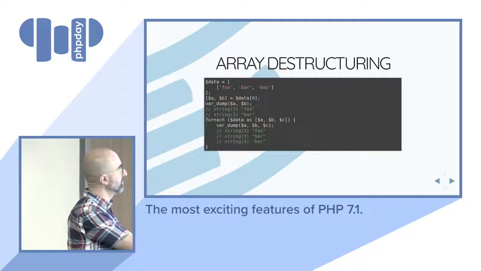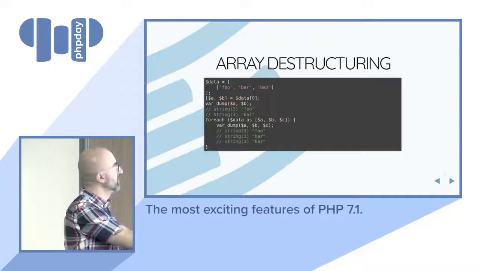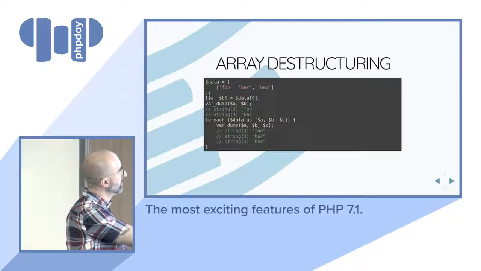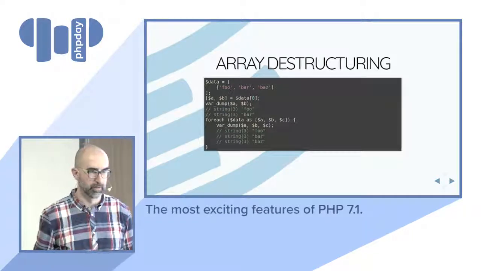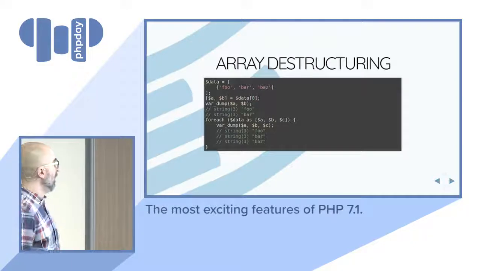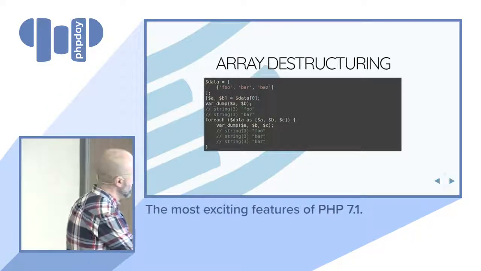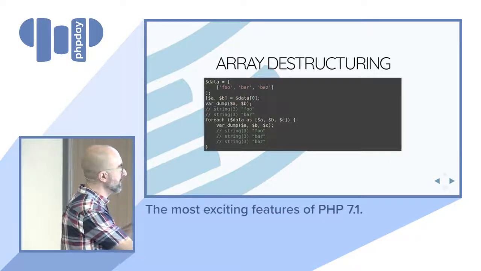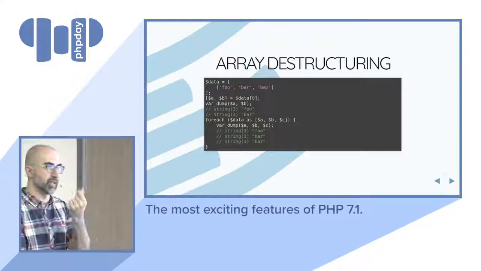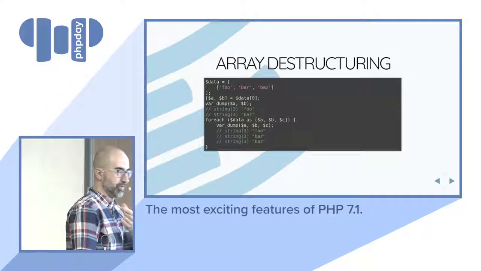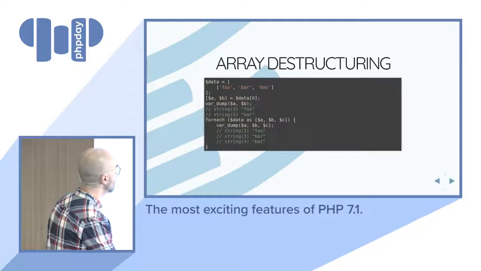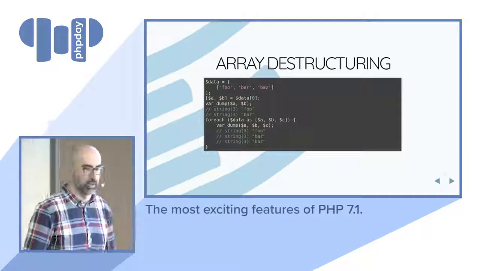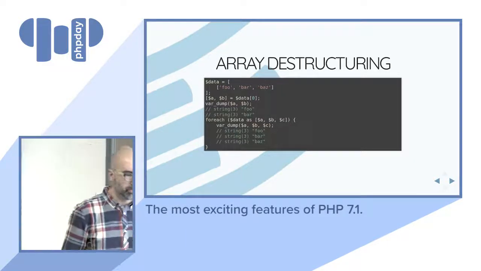It's the same as writing in PHP before 7.1 list $A, $B equal data, whatever. So it's the same. And you can do it also, of course, for instance in a foreach, where you have an array, you can iterate on the elements and assign specific variables from the elements. So it's quite nice.